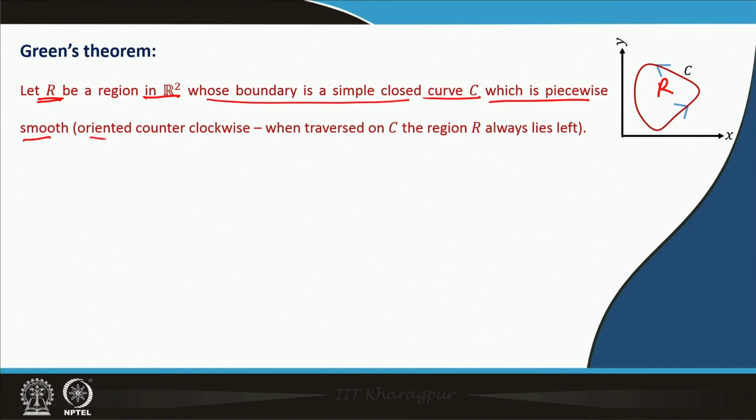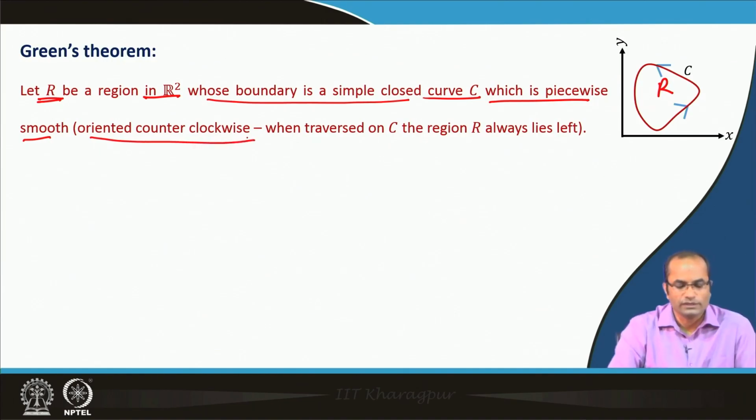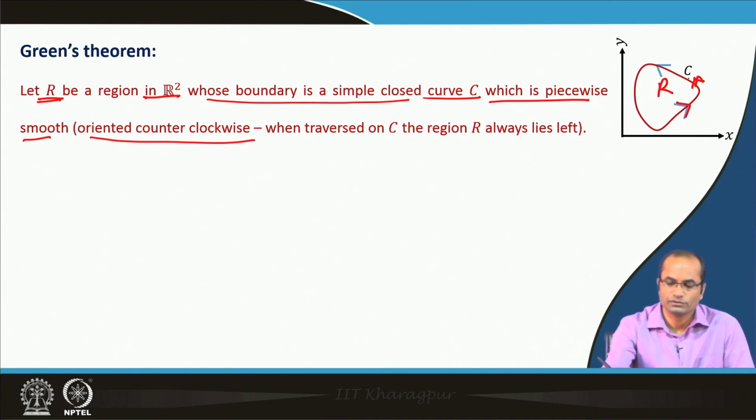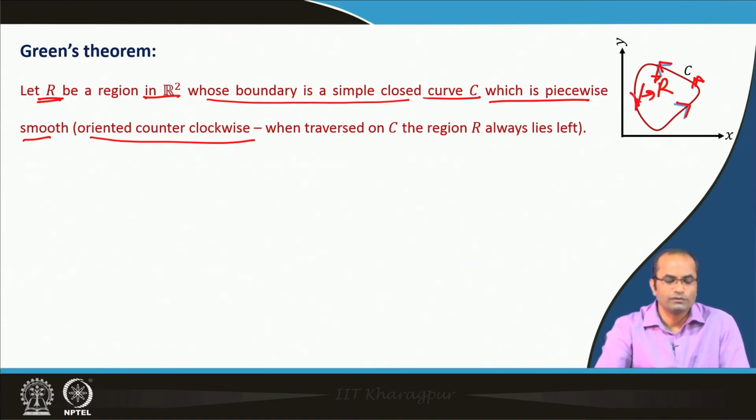Another thing here is that it is oriented counterclockwise, that means when we traverse this curve, for instance in this direction, the region R always lies to the left of the tracing direction. So, this is what we call the positive orientation, or oriented counterclockwise.